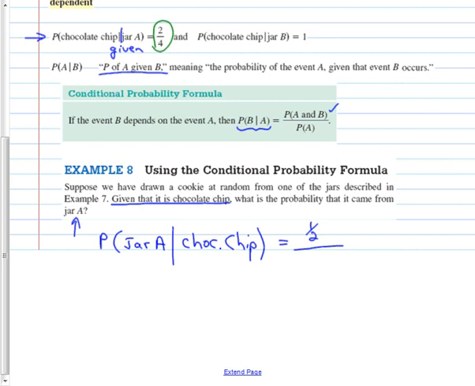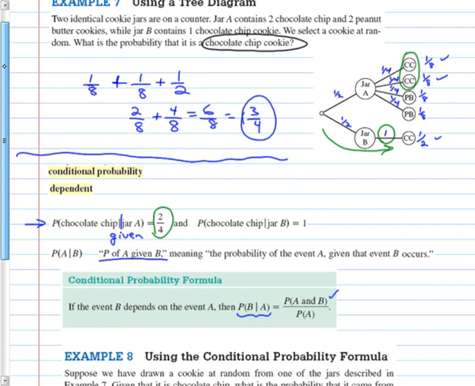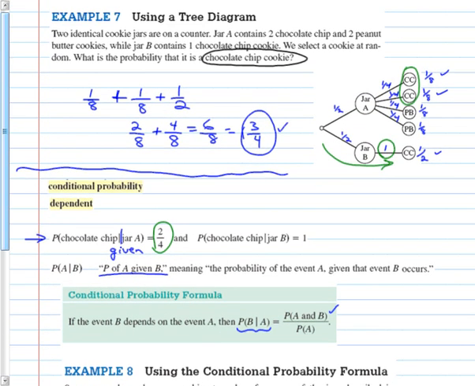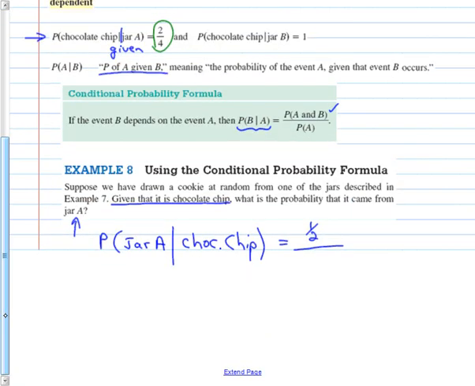That's the top part. Divided by the probability I draw a chocolate chip. Well, earlier we figured out the probability of drawing any chocolate chip cookie. 3/4 was that probability. Well, instead of dividing by 3/4, we're going to take that 1/2 and multiply by 4/3. That's not the right answer. 2/3.